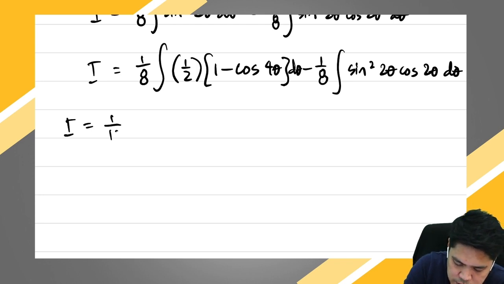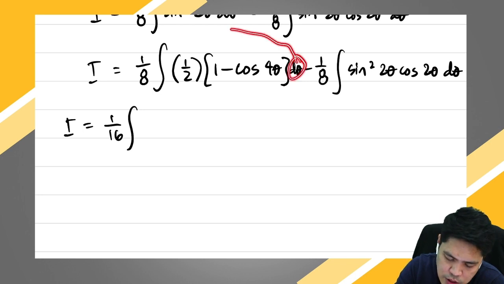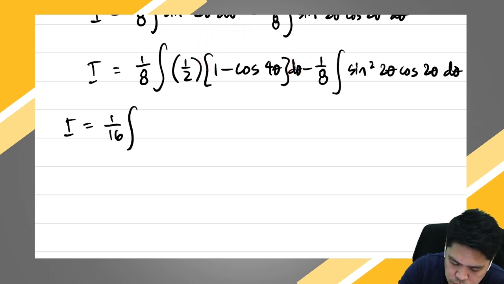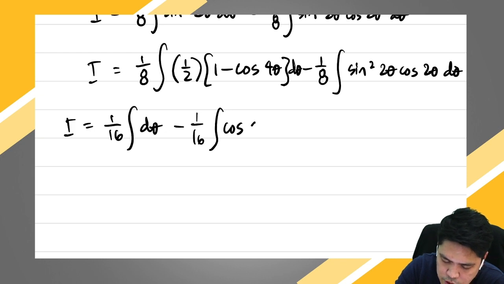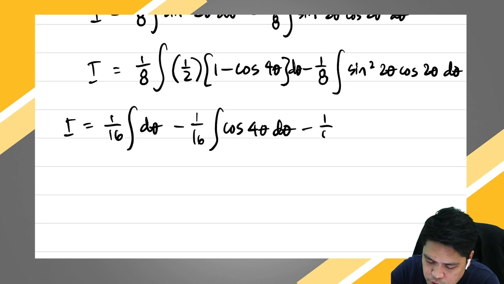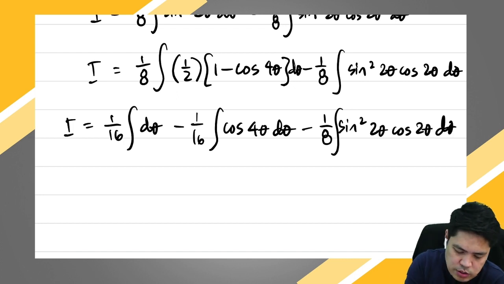So let me just rearrange these two. 1 over 16 times the integral of, let's distribute first here, d theta, minus 1 over 16 still, integral of cosine 4 theta d theta. Then minus 1/8 integral of sine squared 2 theta cosine 2 theta d theta. Okay, so we can do it.